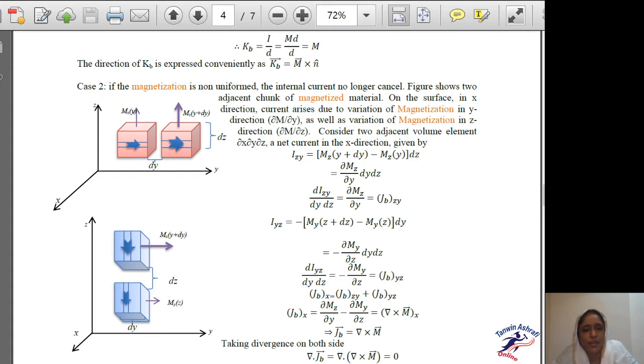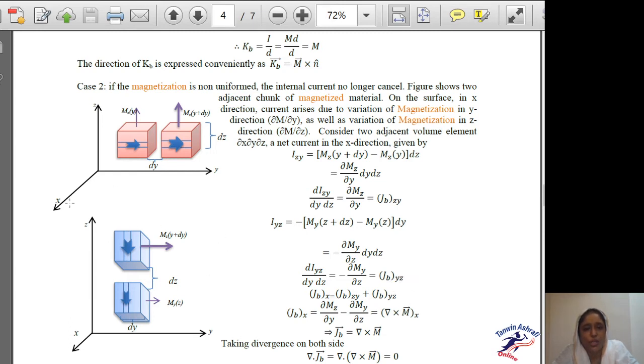In a similar way, if we consider the variation along the z direction, that is current I_yz is equal to minus of M_y at z plus dz minus M_y at z. Taking the volume as dy dz, again the same formula will repeat and we write it as J_b yz.